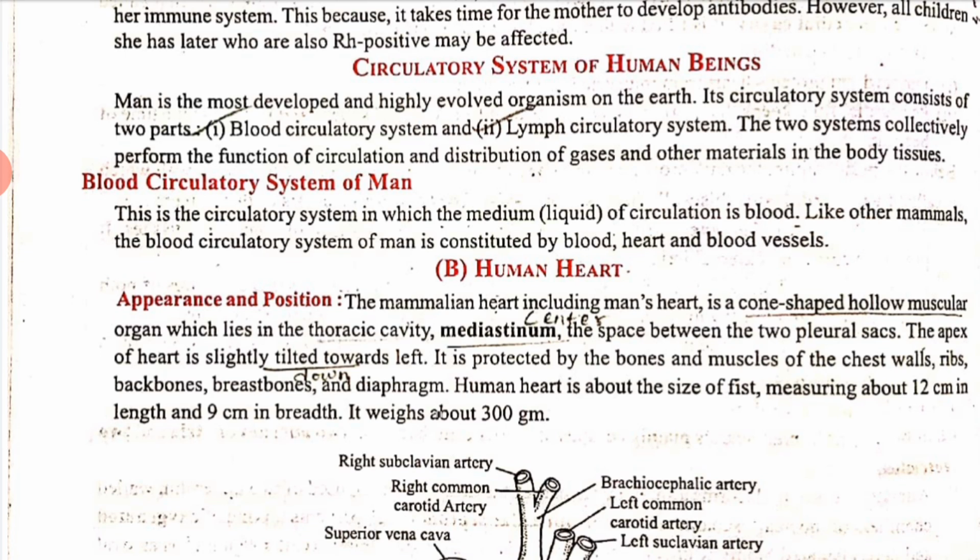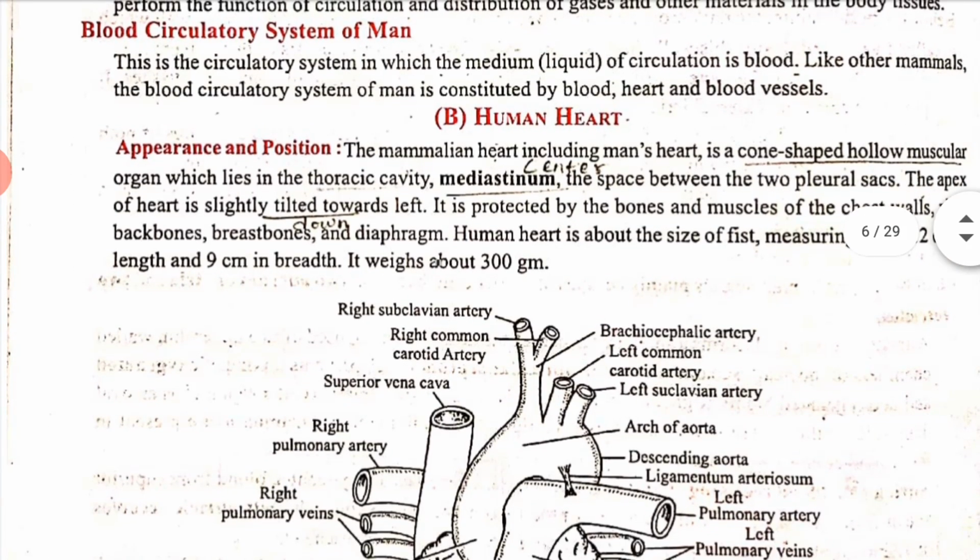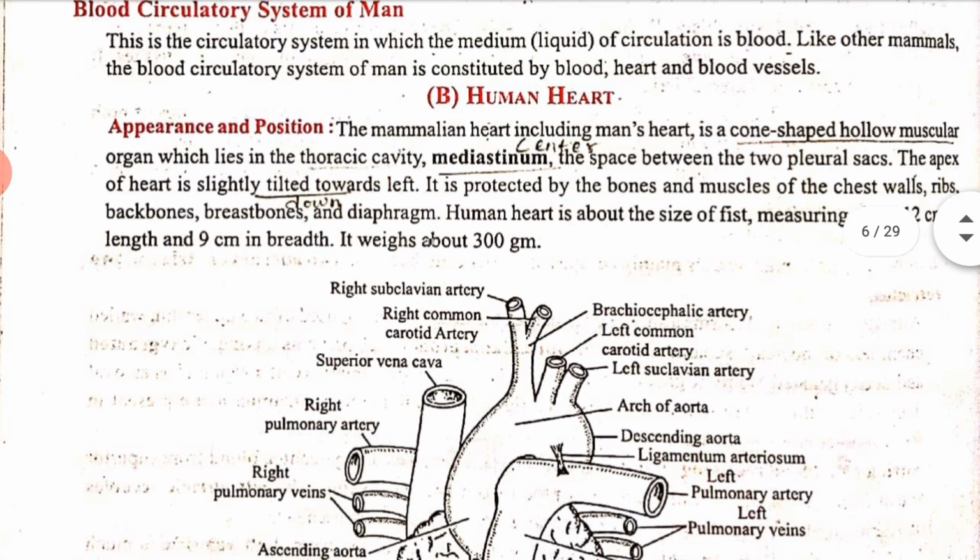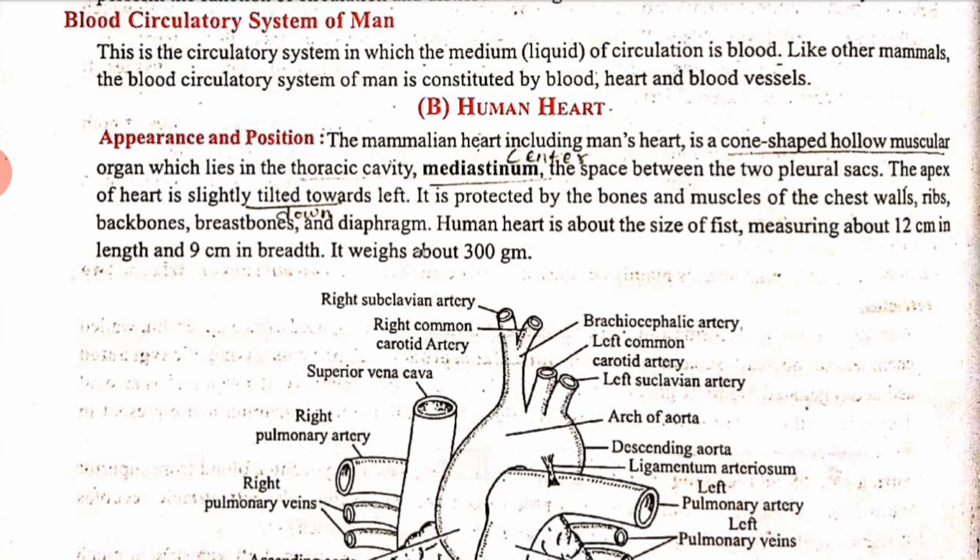Now the blood circulatory system of man. Okay, so let's talk about it. This is the circulatory system in which the medium, that is the liquid of circulation, is blood. Like other mammals, the blood circulatory system of man is constructed by blood, heart and blood vessels.